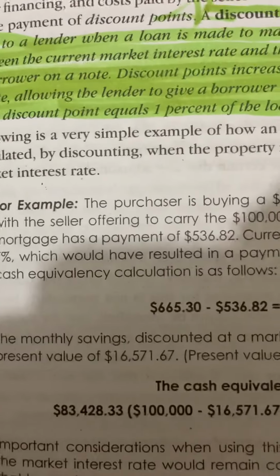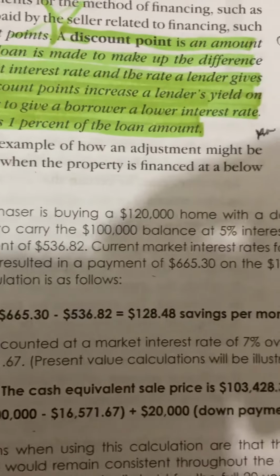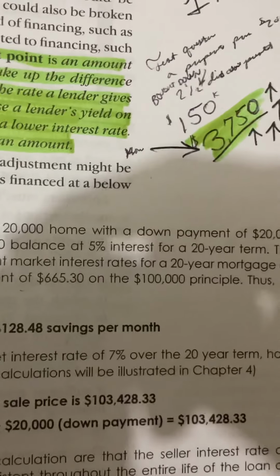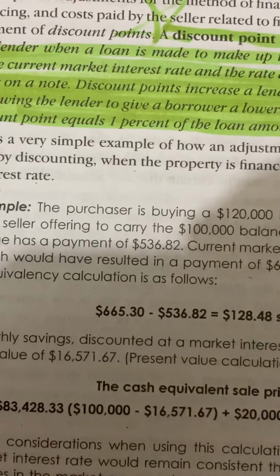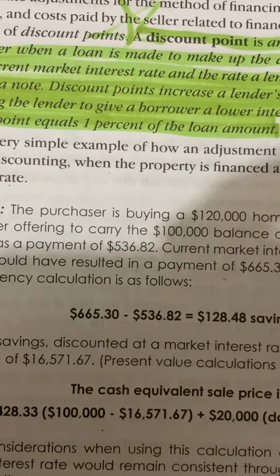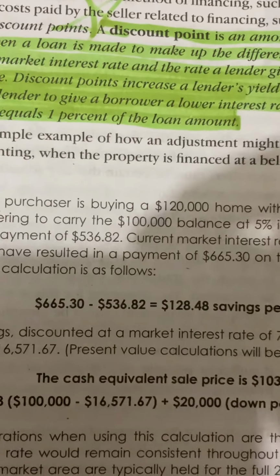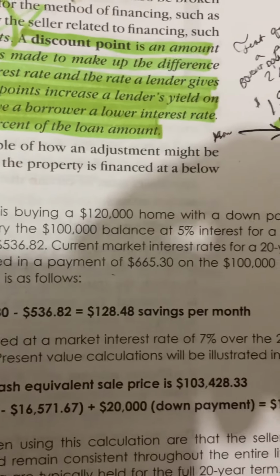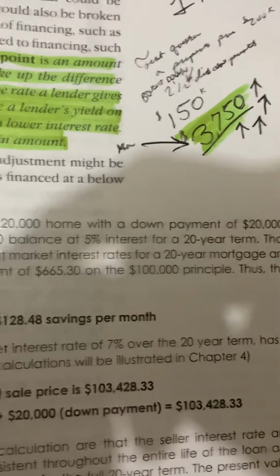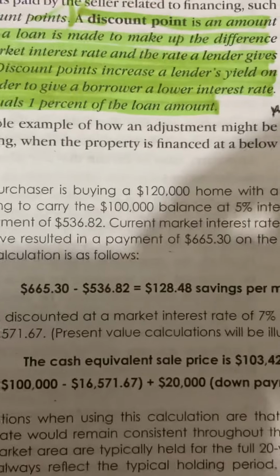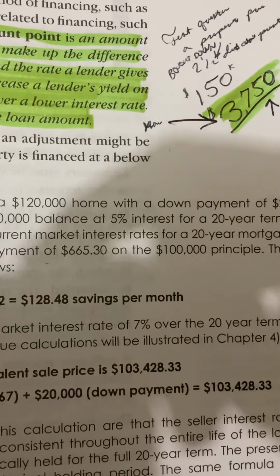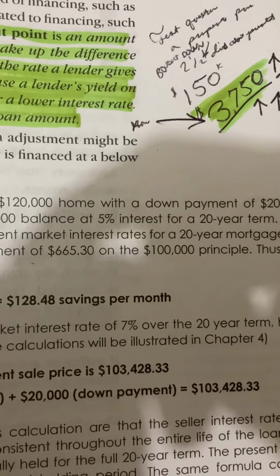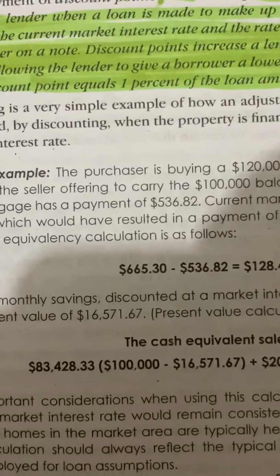The monthly savings, discounted at a market interest rate of 7% over the 20-year term, has a present value of $16,571.67. Present value calculations will be illustrated in Chapter 4. The cash equivalent sale price is $103,428.33.